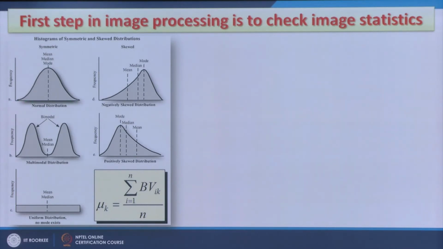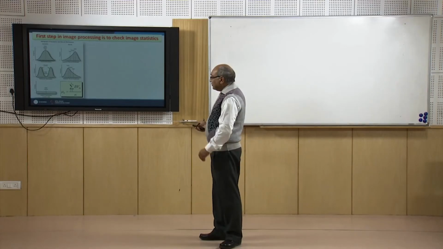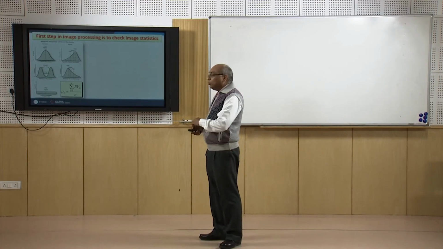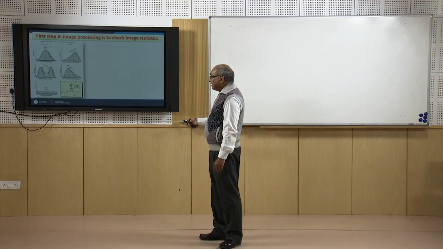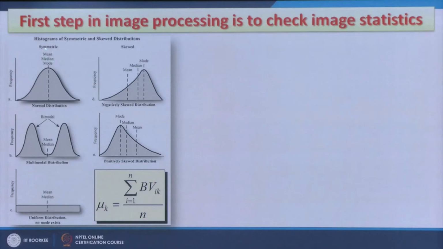If it is all well distributed, that means the value 127 is going to be in the center and the highest, then our mean, median and mode will all be the same, and in this condition we call it a normal distribution. Theoretically it is possible, but in real images one never gets such a normal distribution in the histogram.